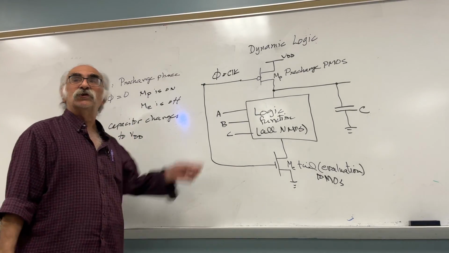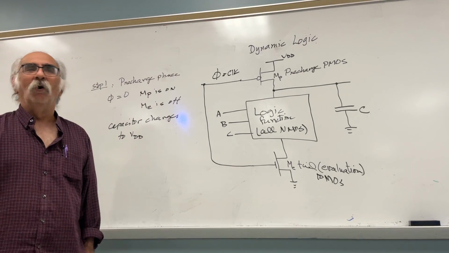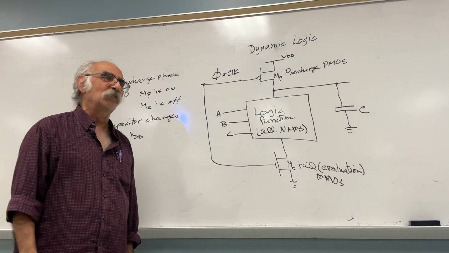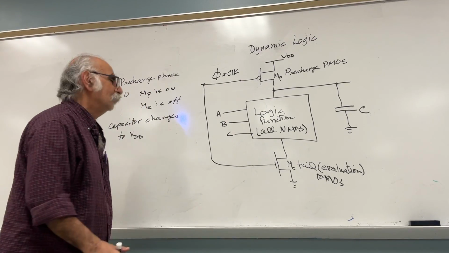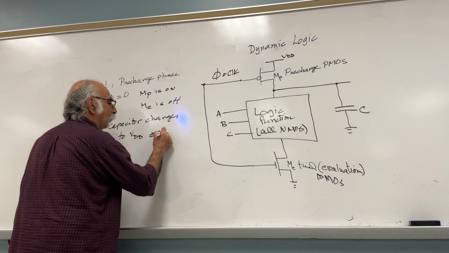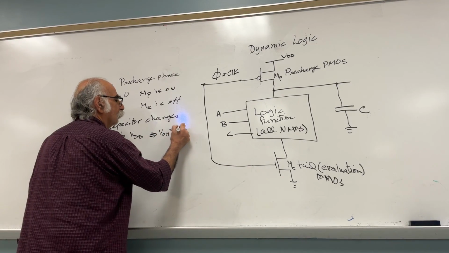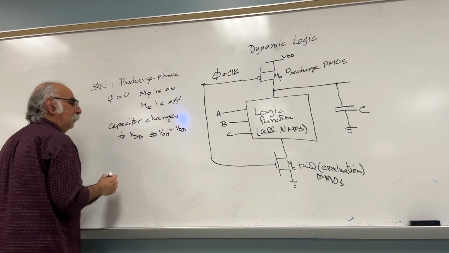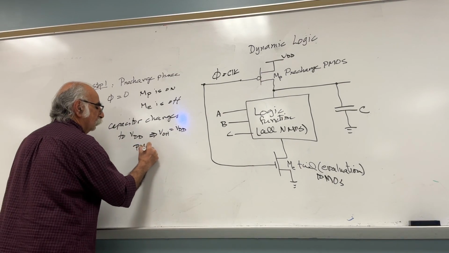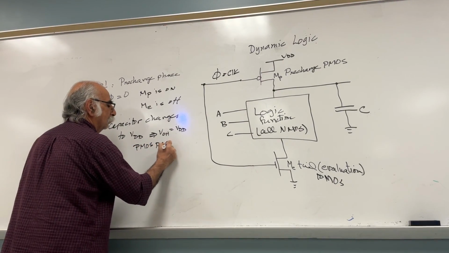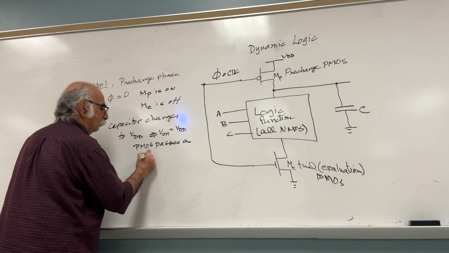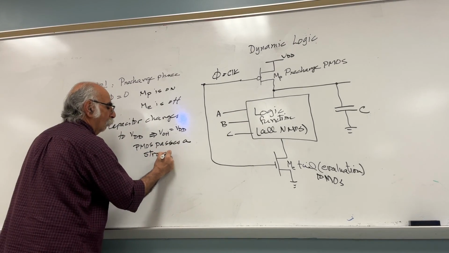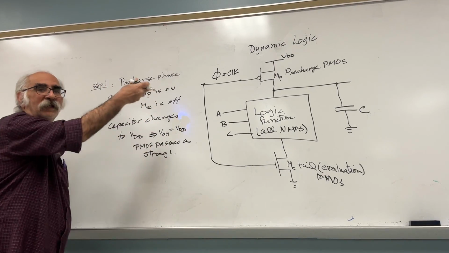VDD. Does it reach the maximum? Yes, it reaches the maximum. VOH equals VDD. Why? Because the PMOS passes a strong 1. Where is that strong 1 in the diagram?